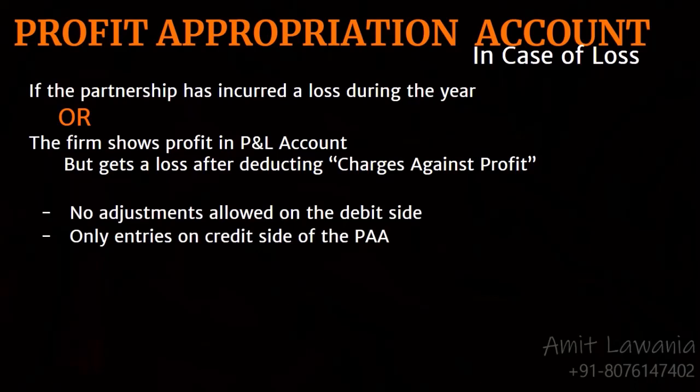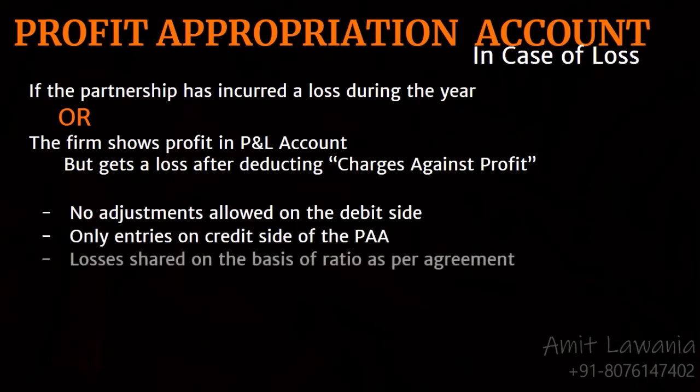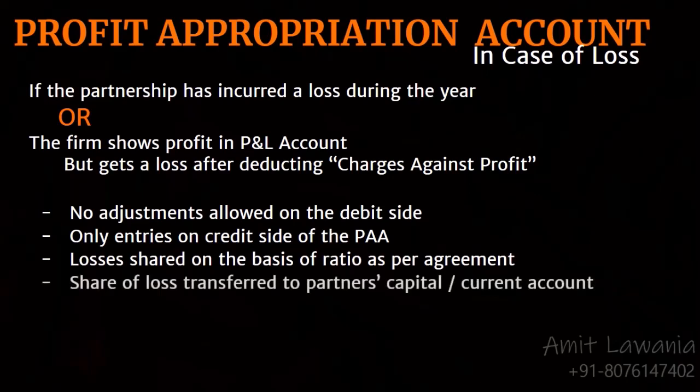Only entries on the credit side of the profit appropriation account will be entered. Losses will be shared on the basis of the ratio given in the agreement. Share of loss will be transferred to the partner's capital or current account as per the case.